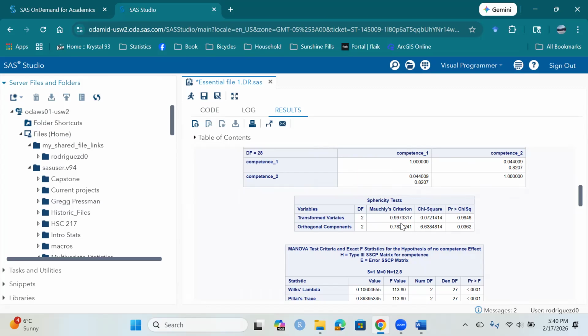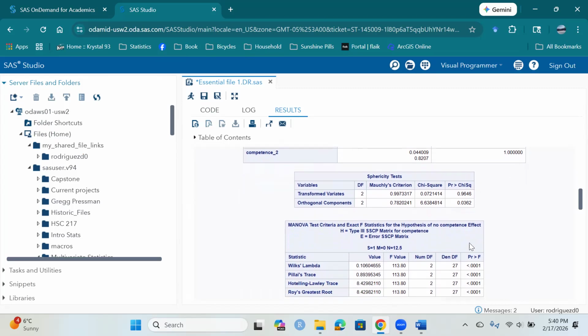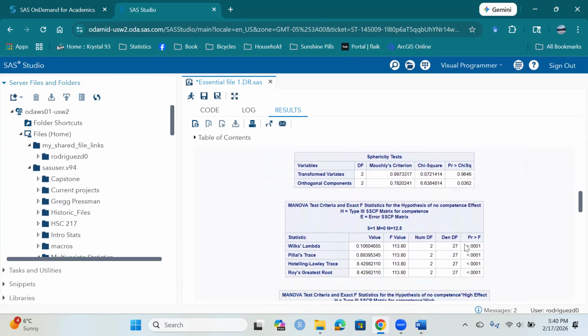This is the sphericity test, so we would reject the null hypothesis, but this p-value is 0.0362. It's not that bad. So we can either continue to use the univariate analyses, or we can jump to the multivariate. The multivariate is more informative in that we don't have to worry about sphericity.